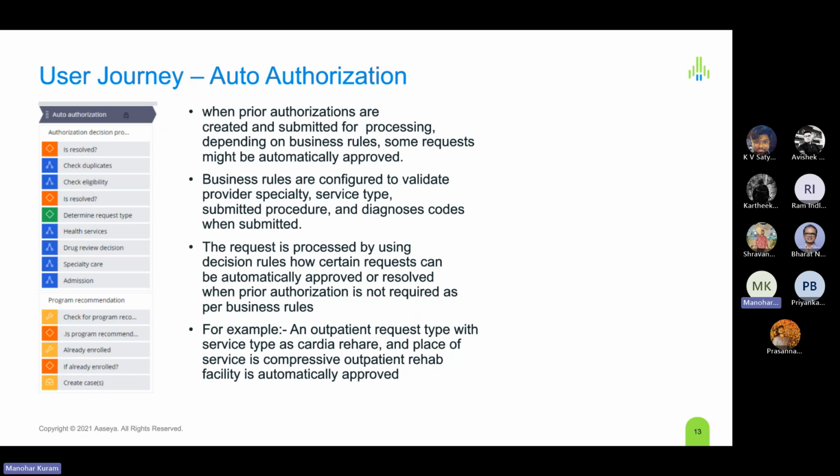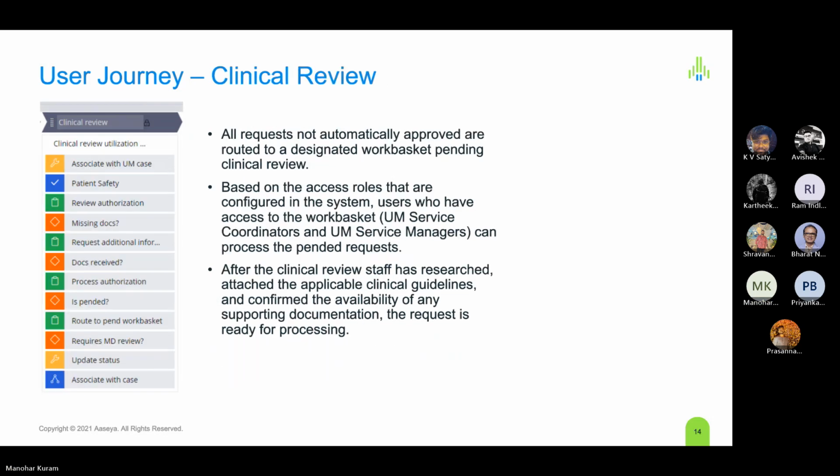So based on certain business decision rules, some decisions get automatically approved or resolved when prior authorization is not required as per business rules. For example, an outpatient request type with a service type as cardiac rehab does not require an approval. It gets automatically approved.